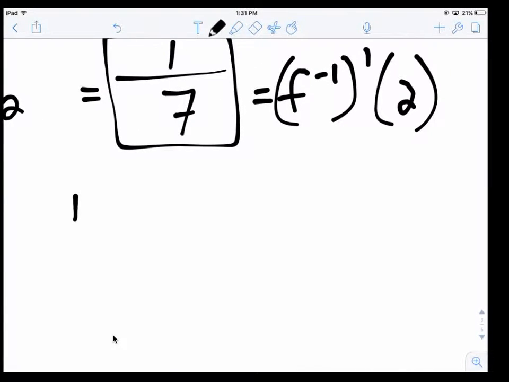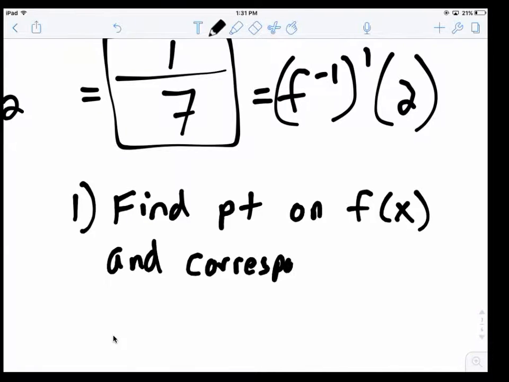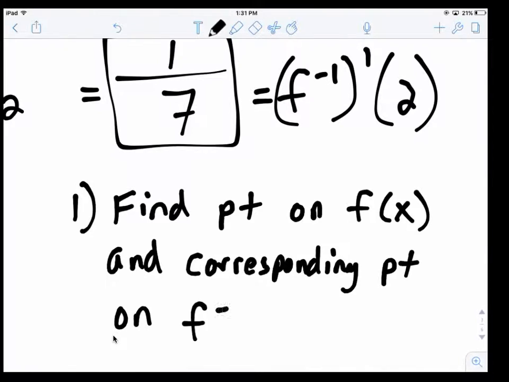All right, so what do you need to do? You need to find a point on f of x and the corresponding point on the inverse.